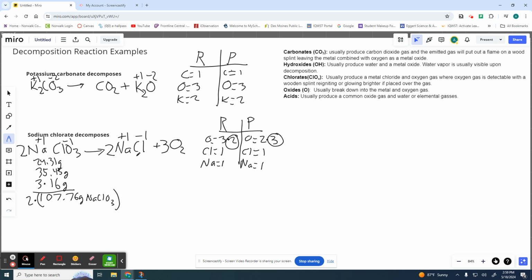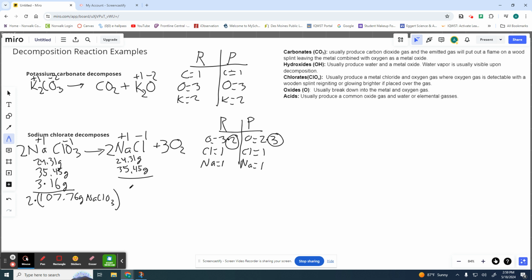Now if we come down here and do the products the same way, sodium again was 24.31 grams. There's only 1 for now. When you look at the compound alone, I do not want to include the 2 for the coefficient. I want to know that you guys know the mass of the compound alone, a single compound. I've got 1 chlorine, so I'm going to put 35.45 on here again and total that up.